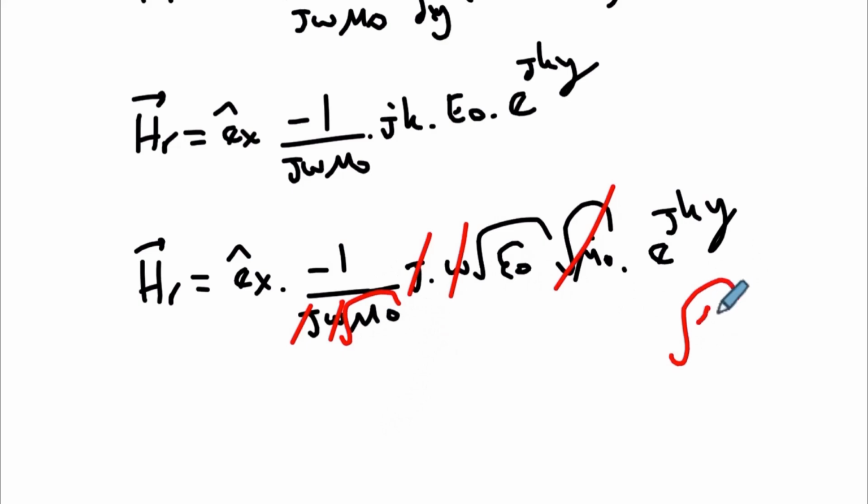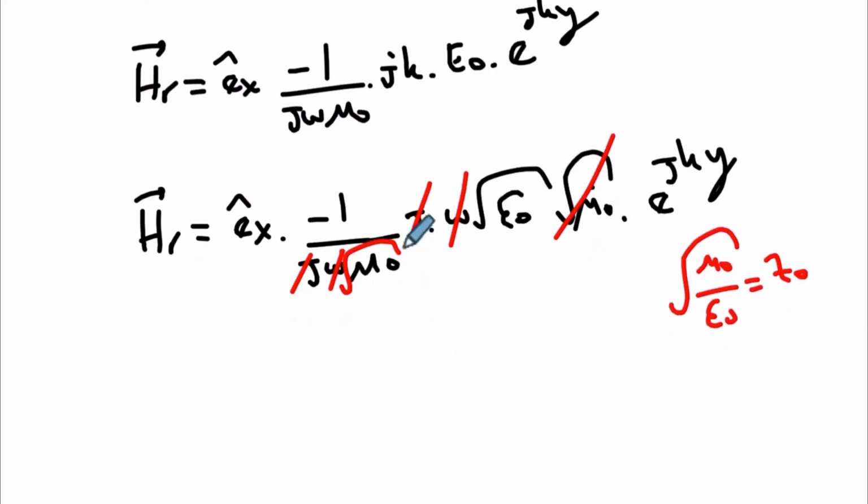What did the square root of mu 0 equal to, friends? It equaled Z0 impedance. But since the square root of mu 0 is at the bottom, of course, we forgot something here. We forgot this E0. Let's write it here like this, as E0. And finally, our HR will be like this, friends, in the x direction.